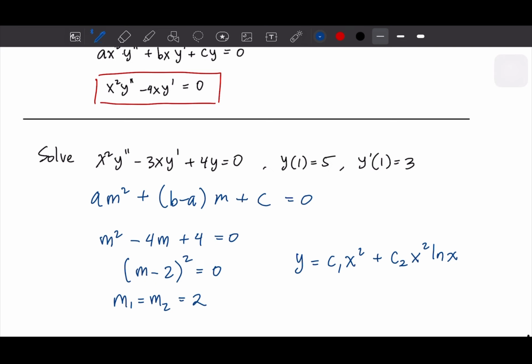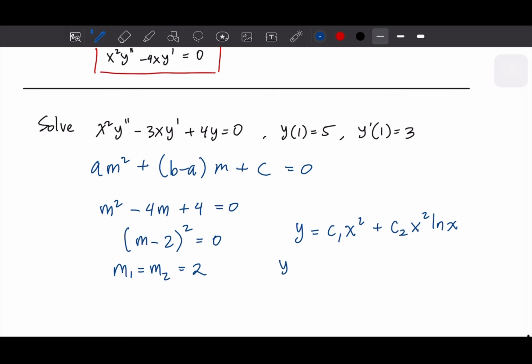Okay. But we have this expression here that we need to apply, and we need to find the constants to complete our answer. So we can complete that with the initial conditions.